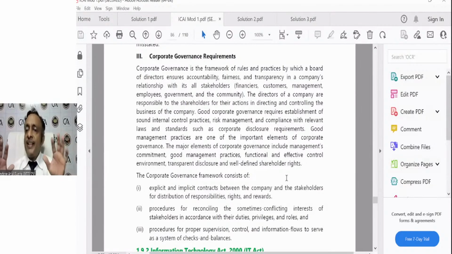So whatever you are doing is ethical and in compliance with law for all applicable stakeholders. That is called corporate governance. The directors of a company are responsible to shareholders for their action and controlling the business of the company. Good corporate governance requires establishment of sound internal control practices, risk management, compliance with relevant laws and standards such as corporate disclosure requirements. This has to be part of the process.